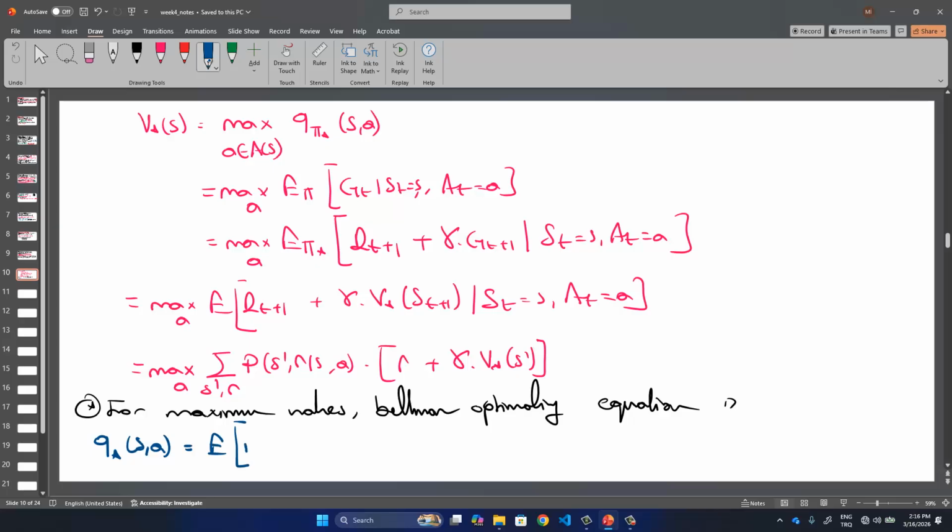The expected value of R T plus 1 plus gamma maximum A prime Q star S T plus 1 A prime, given S T and A T, which can be given in here. Okay?